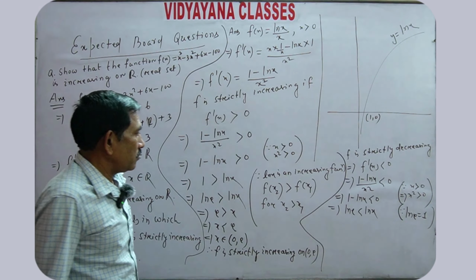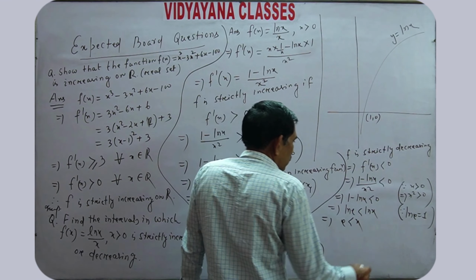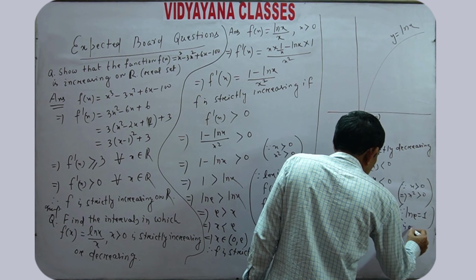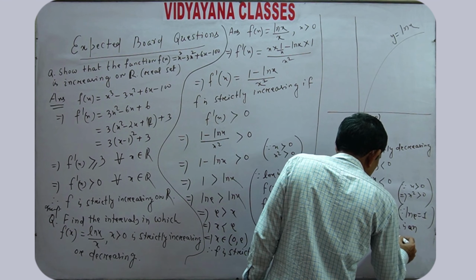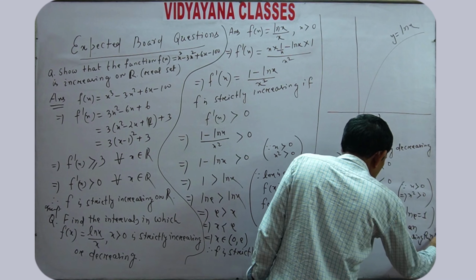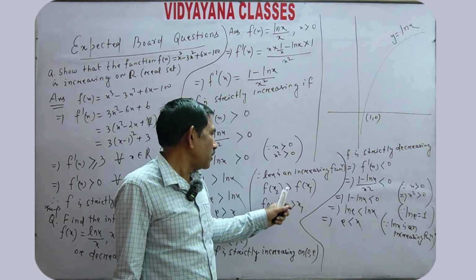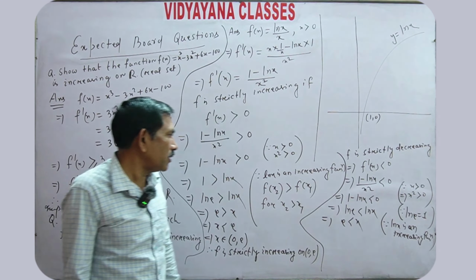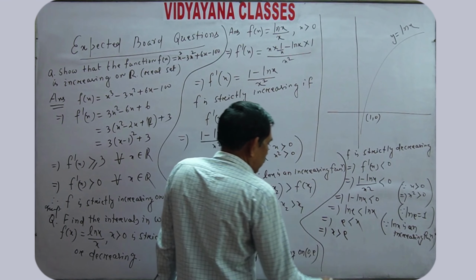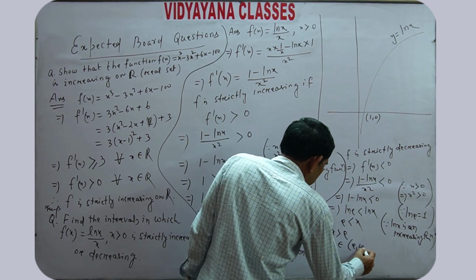ln e = 1, which implies e < x. Since ln x is an increasing function, f(x2) > f(x1) for x2 > x1, which implies x > e, which implies x belongs to the open interval (e, infinity).